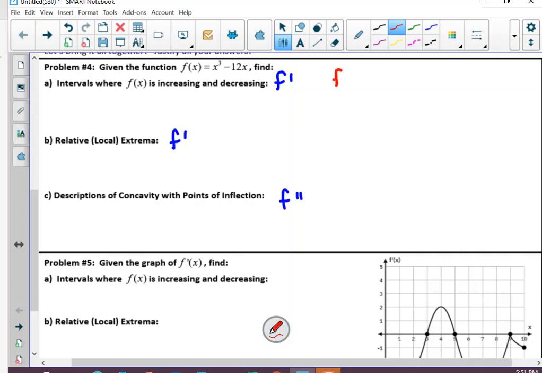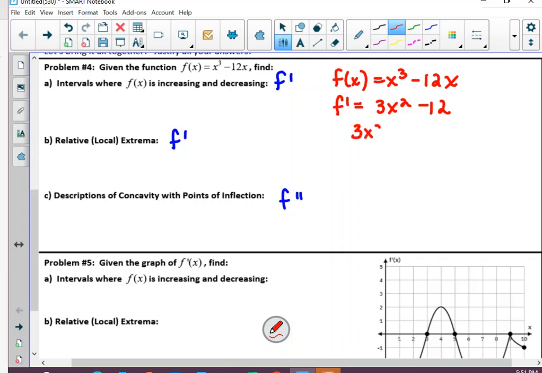So if we start off with our f of x as x cubed minus 12x, that means our first derivative will be 3x squared minus 12. Now, for both first derivative tests and second derivative tests, the beginning of the problem is, once you get the derivative, to find the zeros or the roots for that derivative.